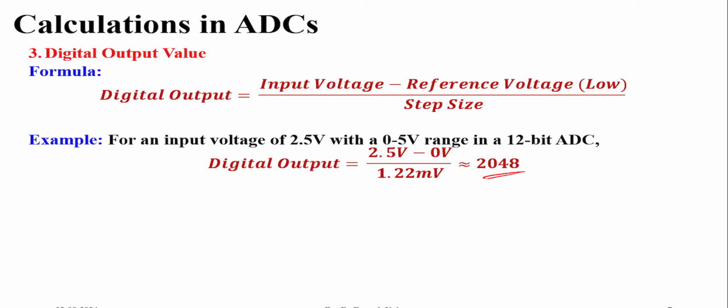This is the count which the ADC will generate, provided we feed the ADC with 2.5 volt.